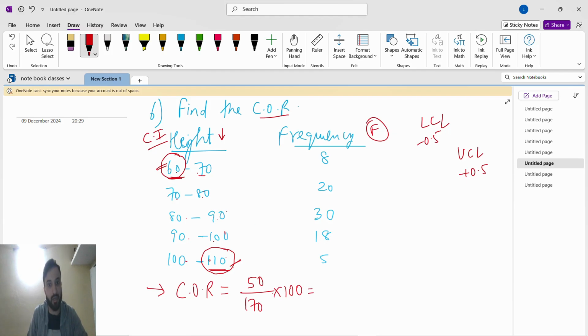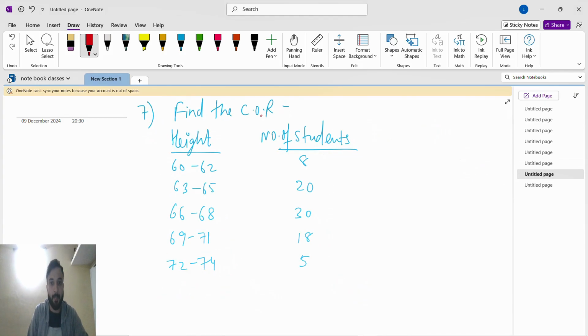Highest observation is 110, lowest observation is 60. Middle, who cares? 50 divided by 170 into 100, you are getting 29.41. Yes, the coefficient of range is 29.41. That is the answer.